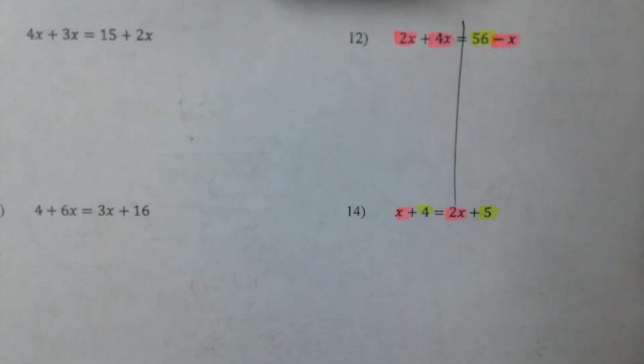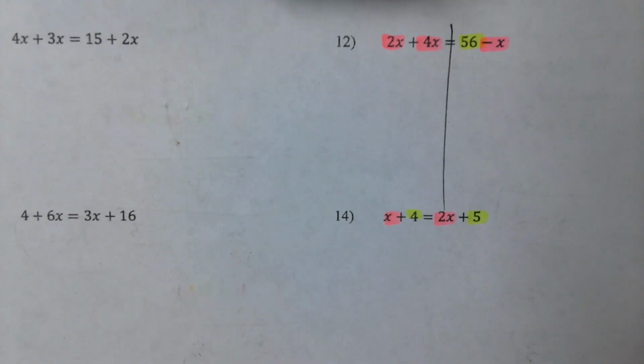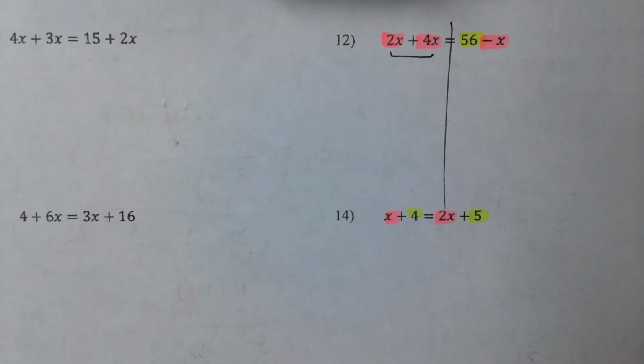So for number 12, do I want to start by adding x to both sides to bring that pink term over to the left? Is that what I want to start by doing? Or do I want to do something else first? Combine the 2x. Great job. We're going to combine these like terms.